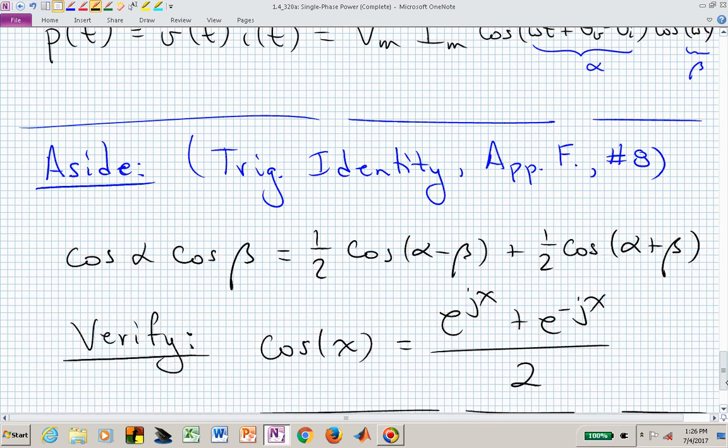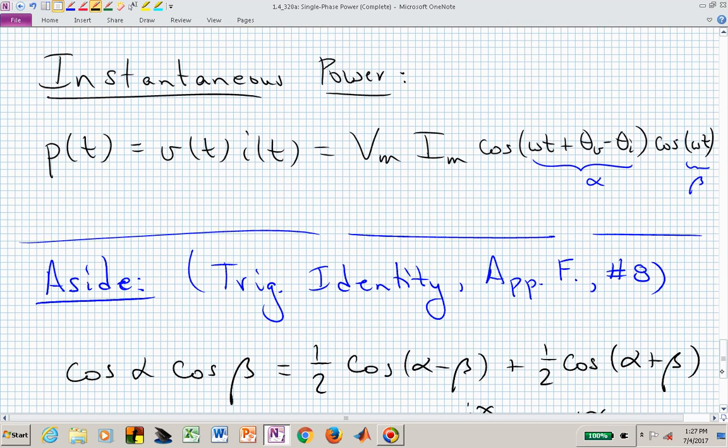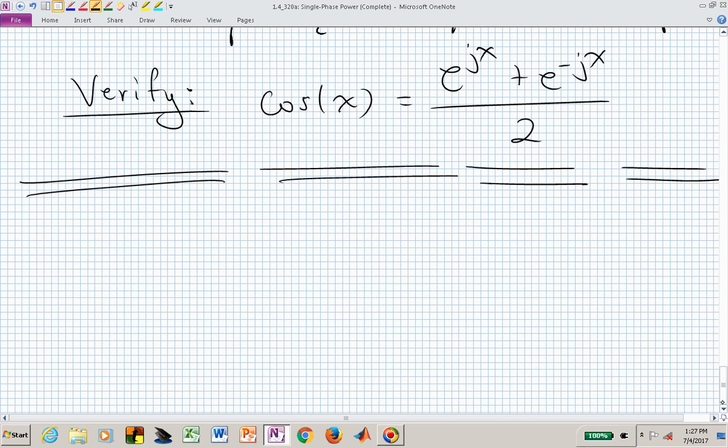Now that we have this way of expressing a product of cosines, let's incorporate that into our instantaneous power formula. You can see we're going to have cosine of alpha minus beta, and that gets rid of the omega t. The omega t's cancel, and we're left with two terms, so let's write those down.